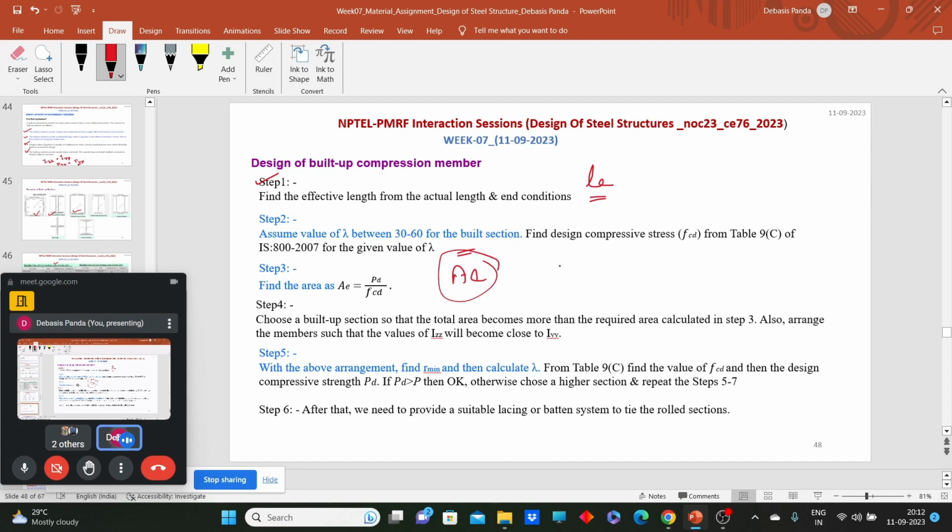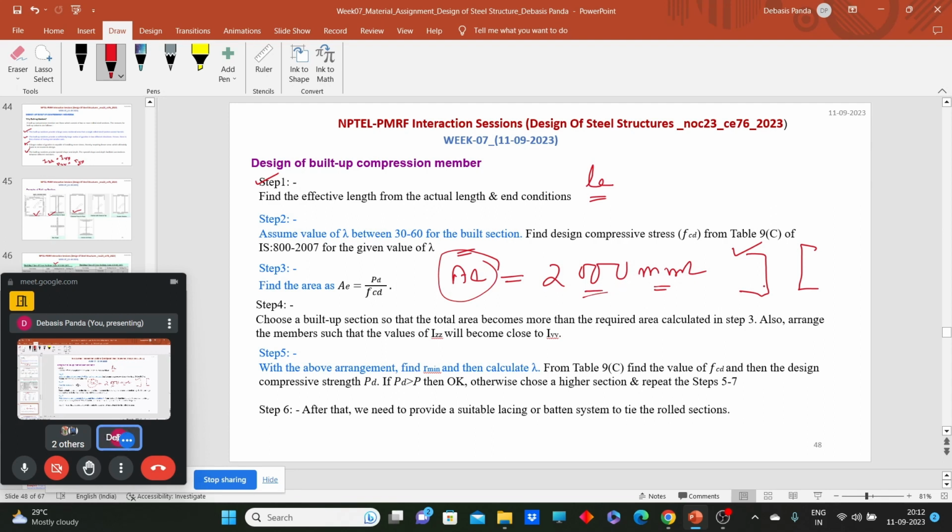Now you need to provide this required area. Say we have a required area of 2000 mm square, and we need to provide two channel sections. So we will go to SP6. We will look for one channel section and figure out, using two sections, what the required area should be. And we will consider two channel sections whose cross-sectional area should be more than our required area.